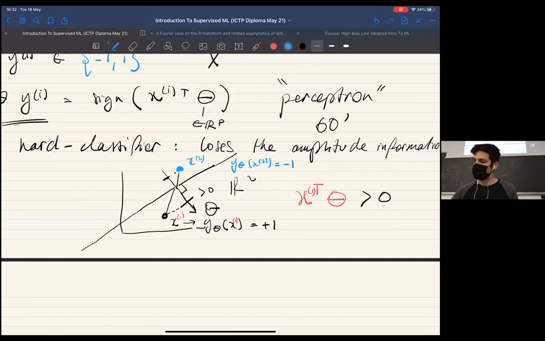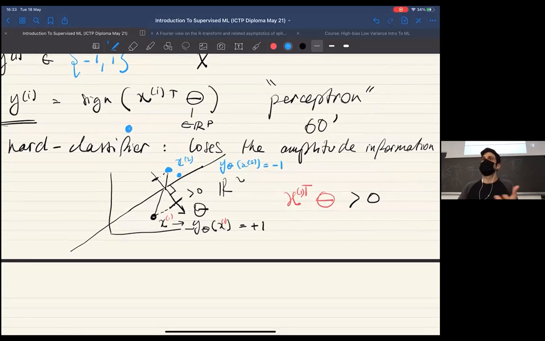But you see that if my x2 would be very close to this separating plane, it would not change the label. Or if it would be very far from the separating plane, nothing changes.